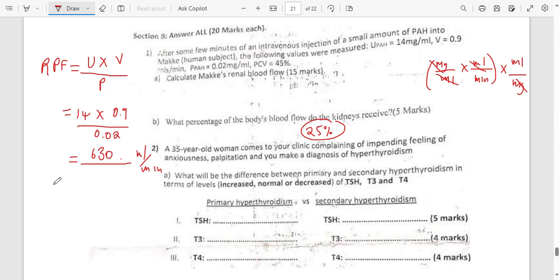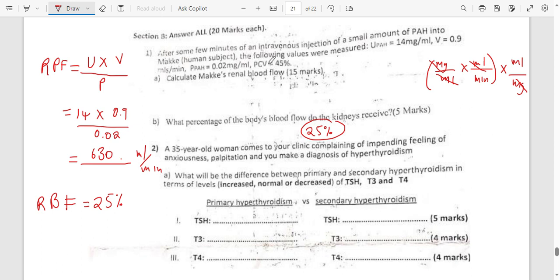Of the total blood going from the heart, that is renal blood flow, 25% is going to the kidney. So now, how much blood goes to the kidney?